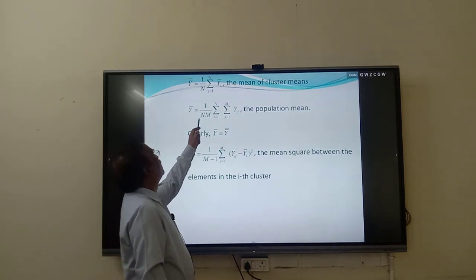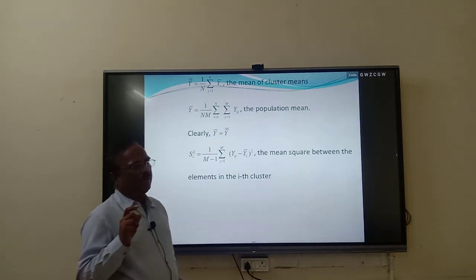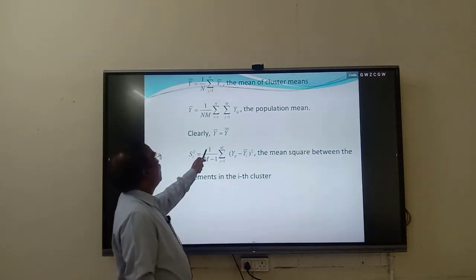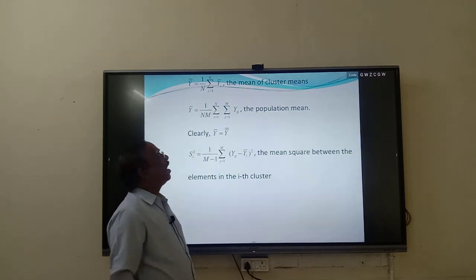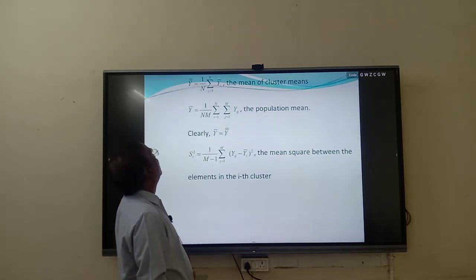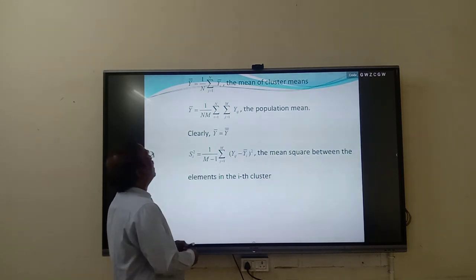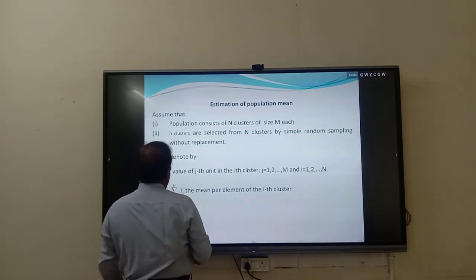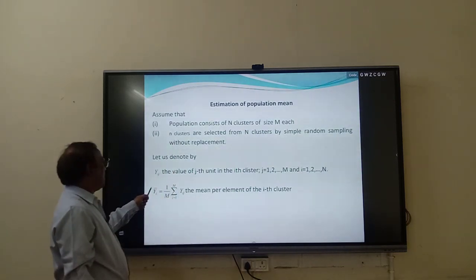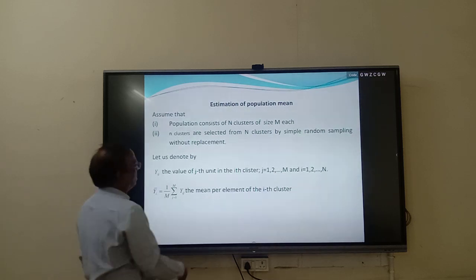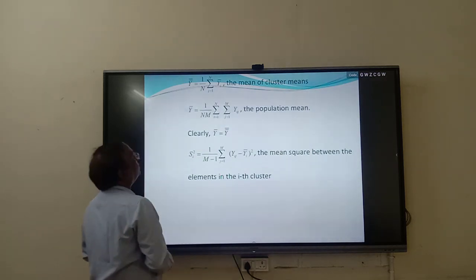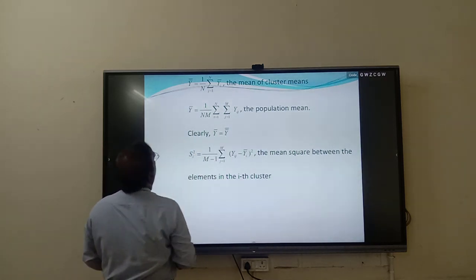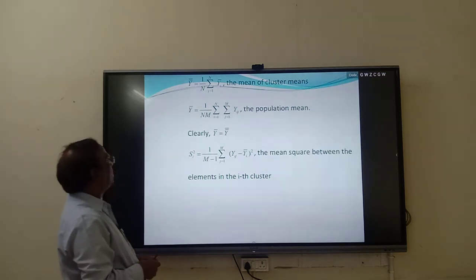Now we can see that when the clusters are equal in size, y bar will be equal to y double dot bar, because the sum over j from 1 to M of Yij may be replaced by yi dot bar, the mean due to the ith cluster, and its total and sum will give you y double dot bar.